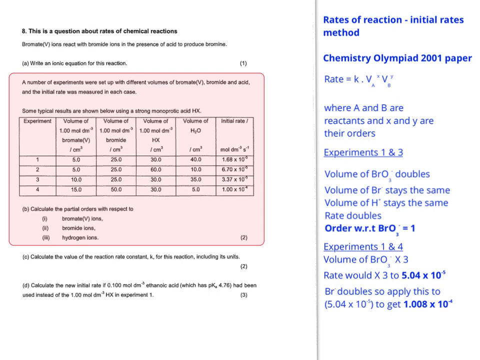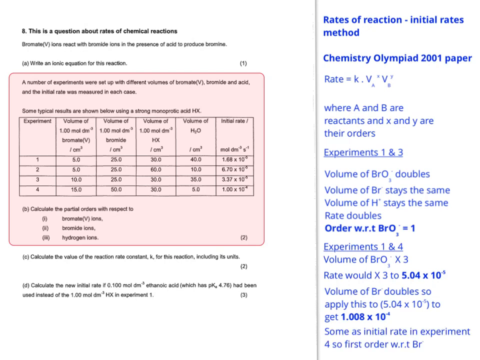So the volume of Br minus doubles. So you apply this to 5.04 times 10 to the minus 5 to get 1.008 times 10 to the minus 4, which is the initial rate that we've got in experiment 4. So that means it's first order with respect to Br minus as well.